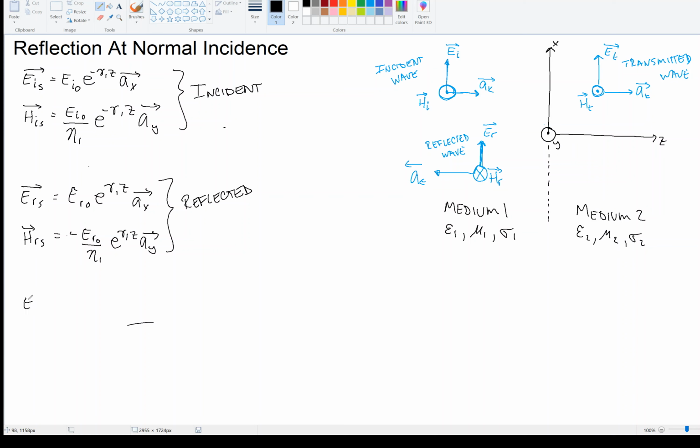I'll use T. It's got some amplitude. We don't know what it is yet. It has some propagation constant, gamma 2, and the wave is moving in the z direction. The electric field points in the x direction.